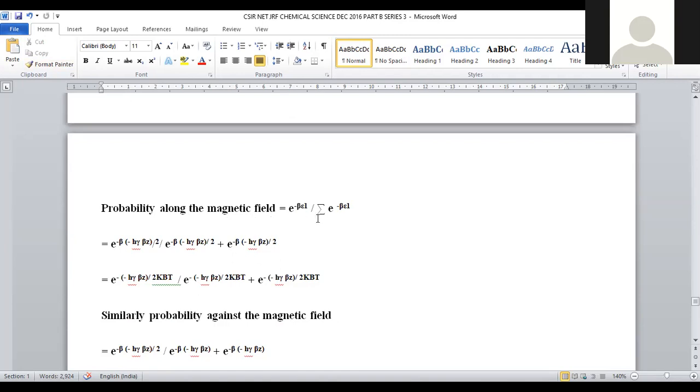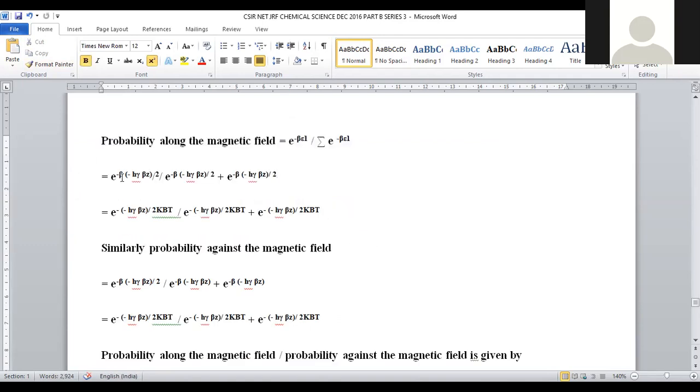So this is the formula for probability along the magnetic field. Now it becomes e to the power minus beta into minus h cut gamma Bz by 2, divided by e to the power minus beta into minus h cut gamma Bz by 2 plus e to the power minus beta into plus h cut gamma Bz by 2.